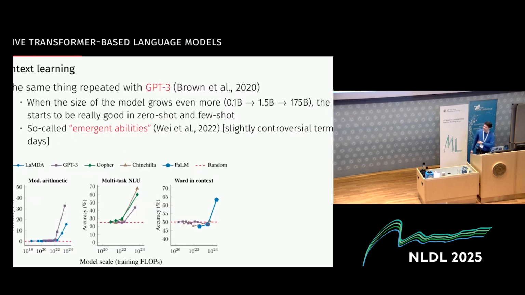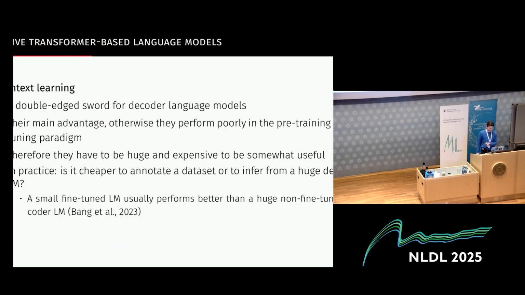After GPT-3, nothing that interesting happened for the base language models themselves. We just train them on more and more text, and they get better and better, and that's the story, kind of. So let's talk a bit about this in-context learning.